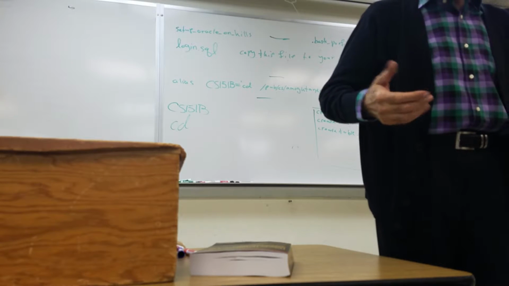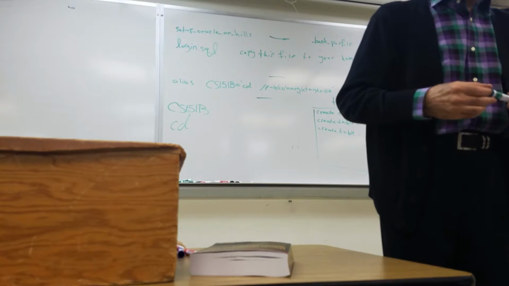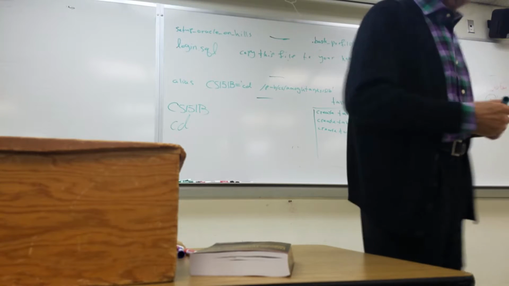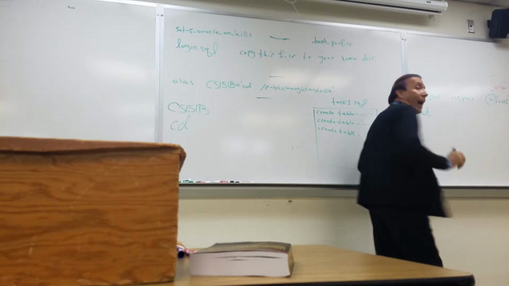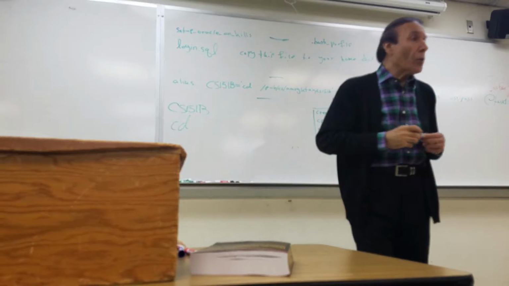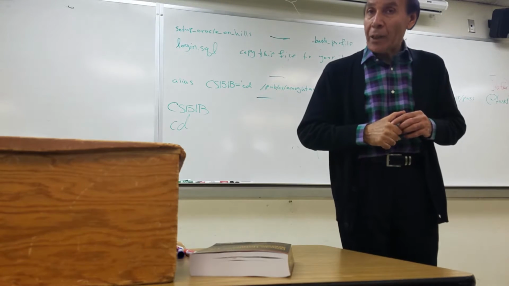Okay. If you are not familiar with cron, there is another command which is called the at command. The at command is also available in Unix, Linux, and Mac OS X. Okay.